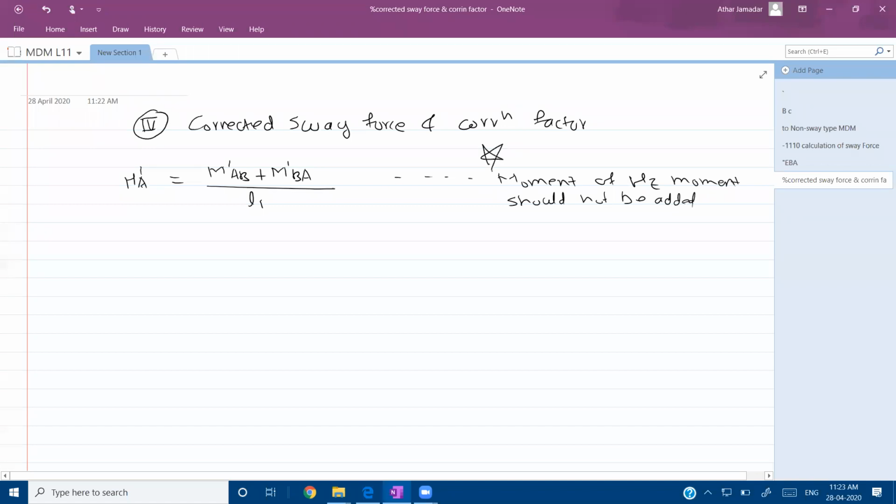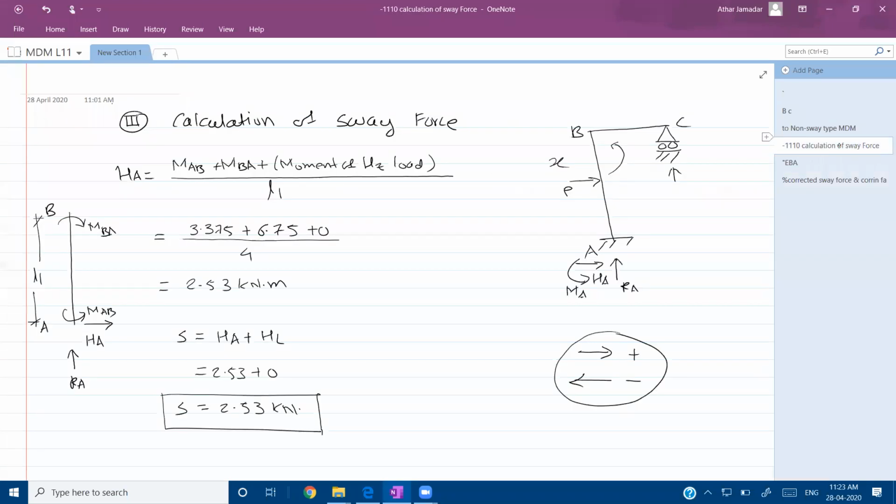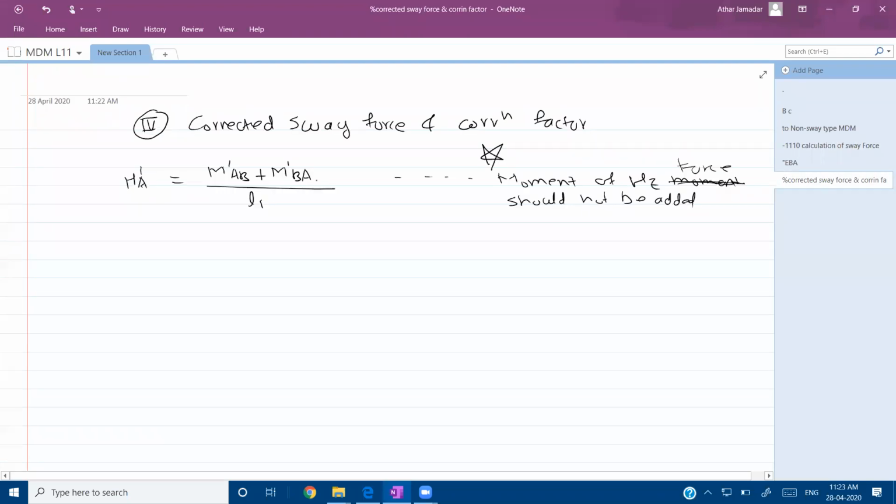In calculation of corrected sway force, that is corrected horizontal reaction, the moment of horizontal force should not be added here. Remember this, because in the previous step of calculation of HA, we added the moment of horizontal load, but here it should not be added. So now M dash AB is 4.5, M dash BA is 3, divided by length 4.